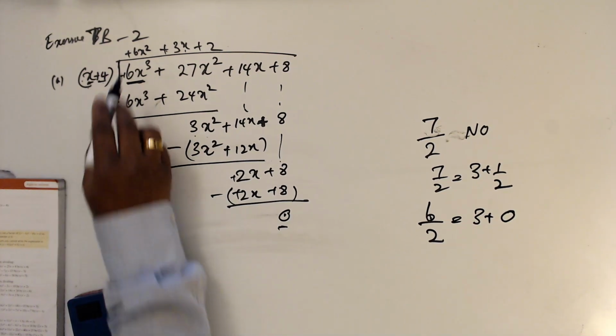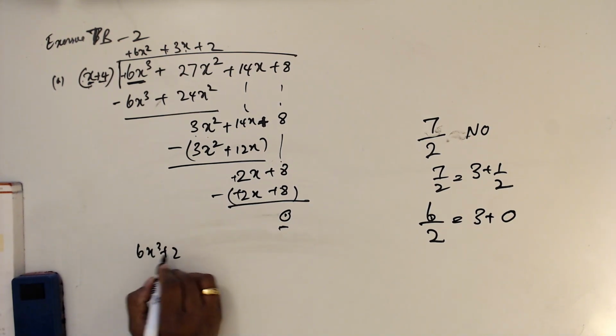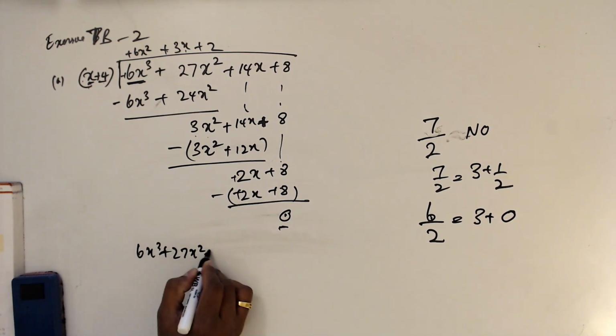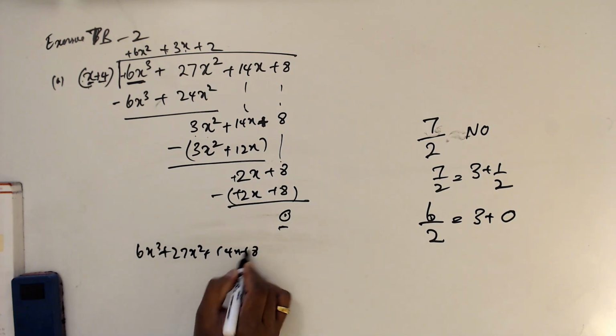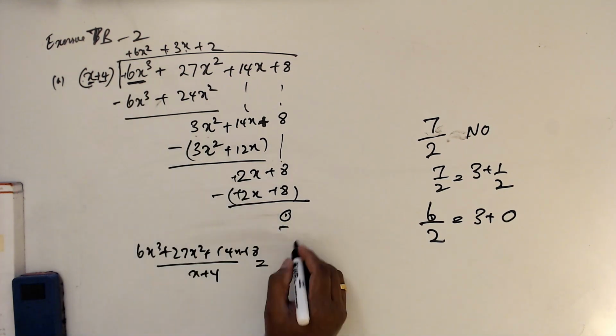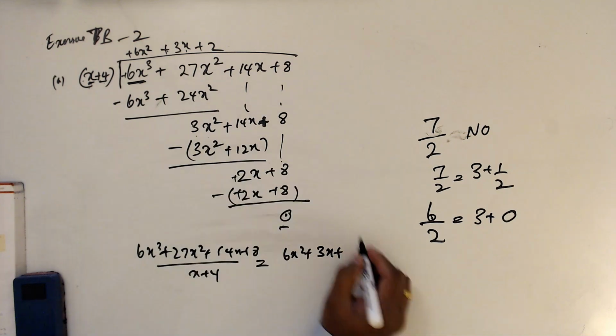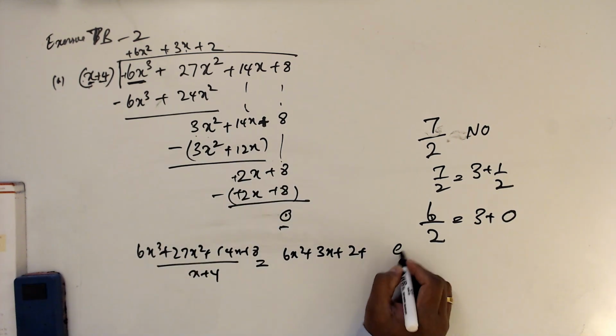When you divide 6x cubed plus 27x square plus 14x plus 8 by x plus 4, the answer is 6x square plus 3x plus 2 and no remainder.